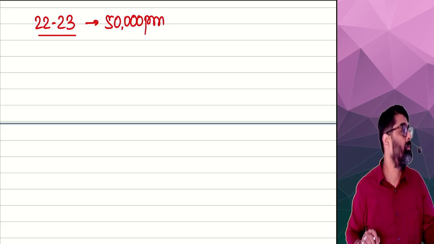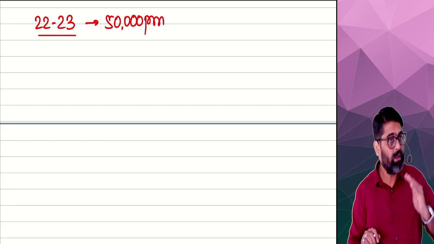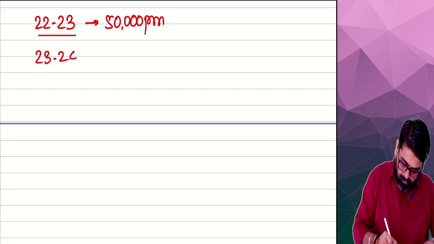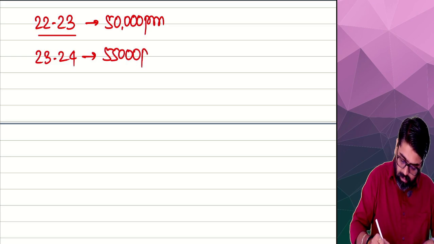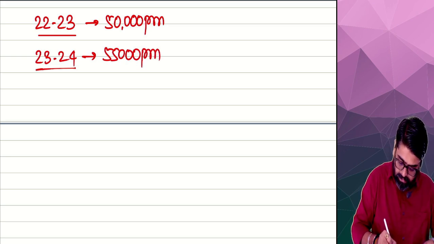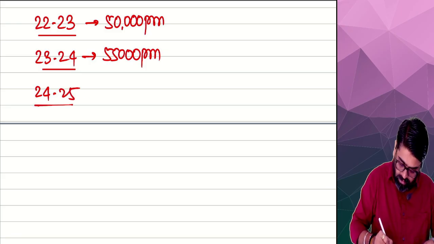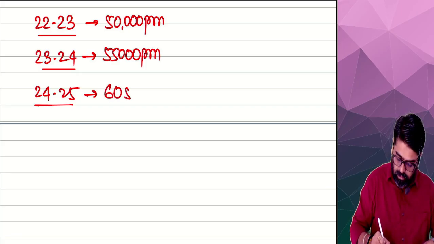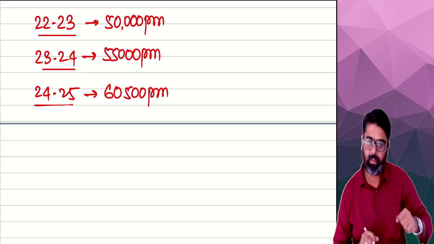So next year, 23, 24, your salary should be 55,000 per month. Yes or no? And in the next year, 24, 25, your salary should be 60,500. Okay?